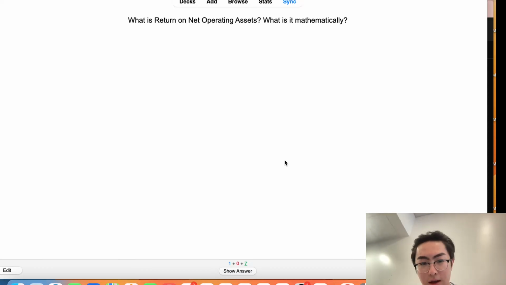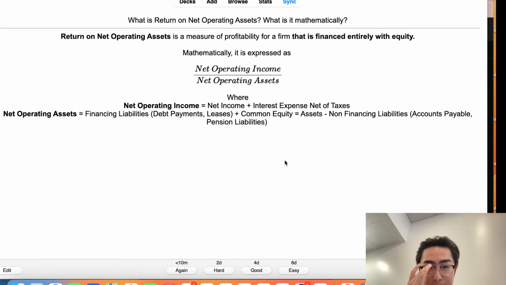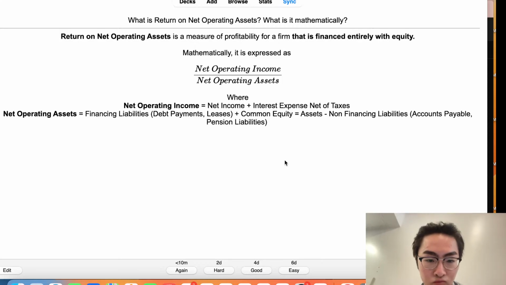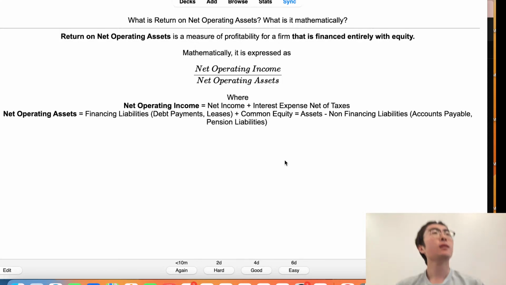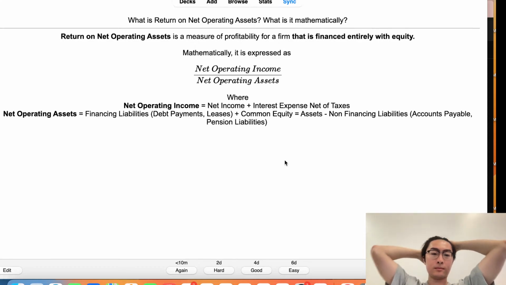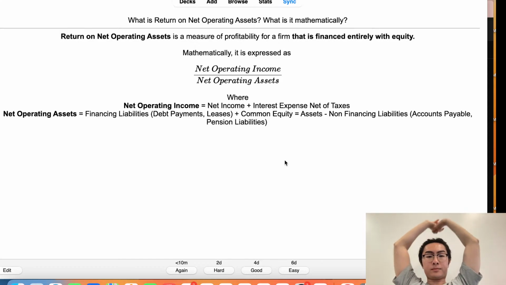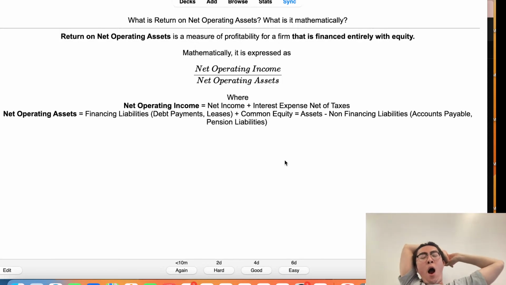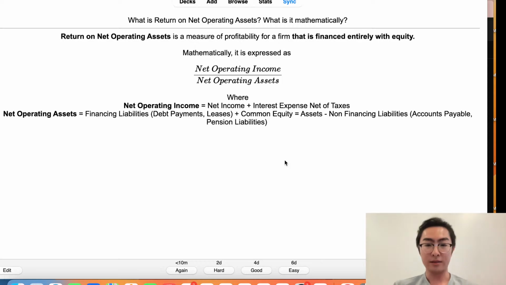So what is this actually saying? This can be thought of as the return that your company is generating based on the assets that are financed by equity. That is financed entirely with equity.